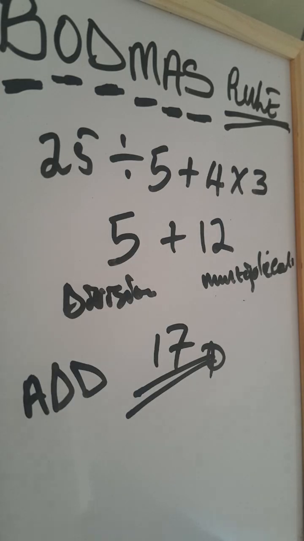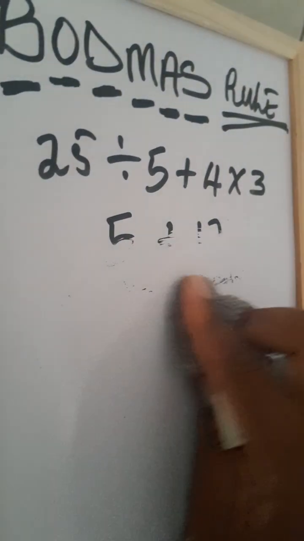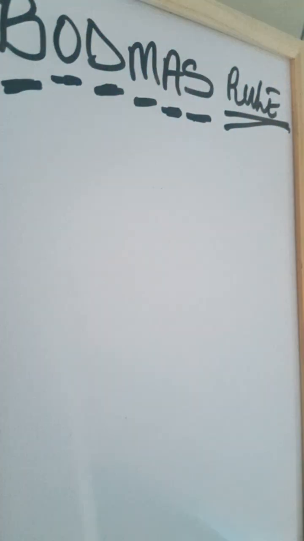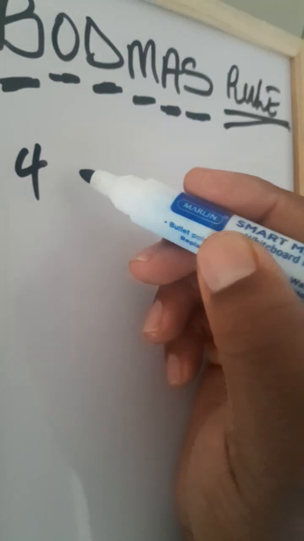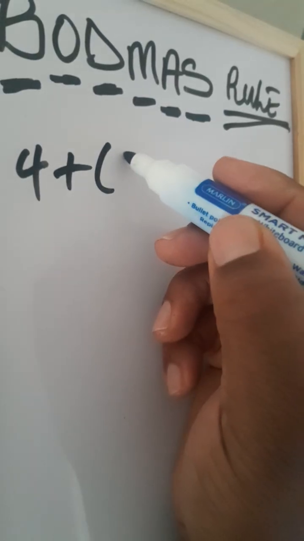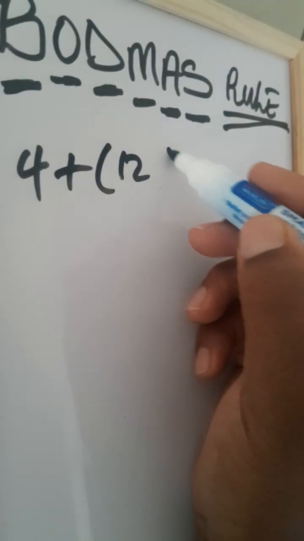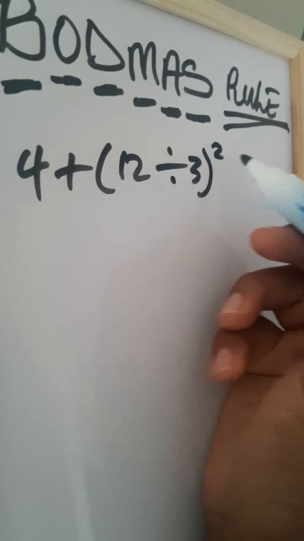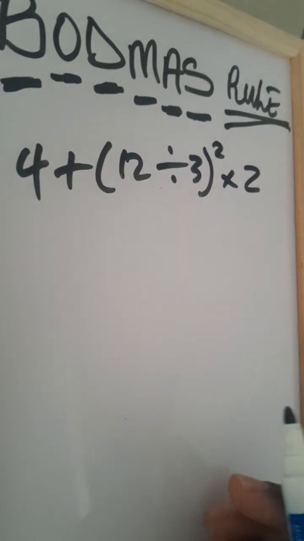And another example that I'm going to give you is the one that I was showing you, like 4 plus bracket 12 divided by 3 to the power 2, all to the power 2, multiplied by 2.